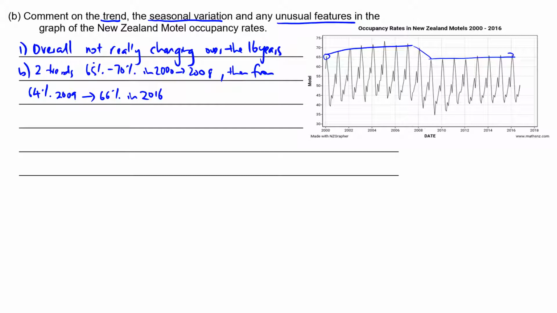So that split trend is something that you could have mentioned as well. It also leads to another point. There's a sudden drop in 2009, isn't there? Or 2008, 2009, somewhere around here. There's a sudden drop.